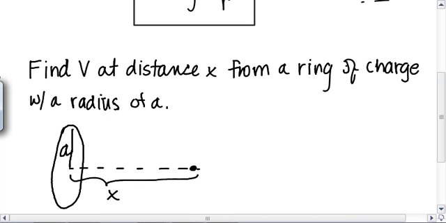All right, so electric potential is a scalar. So we need to figure out what electric potential is contributed at this point due to this little dq.